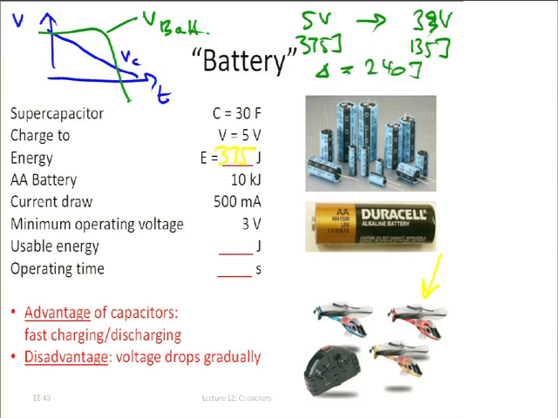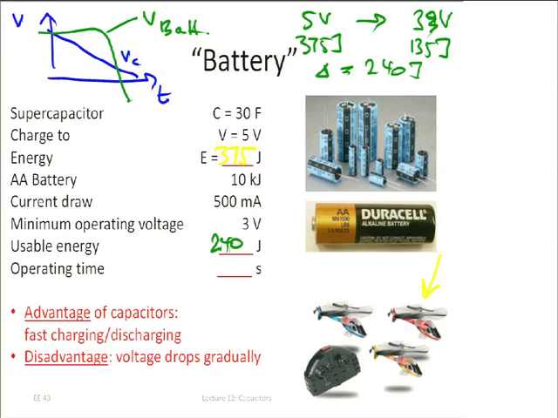So it's really 240 joules we can use, and the rest stays on that capacitor. We cannot use that energy anymore because the voltage drops too low. It's not going to turn the helicopter's blades.